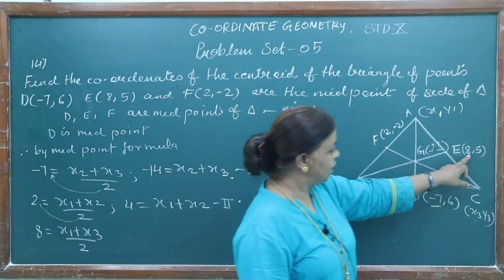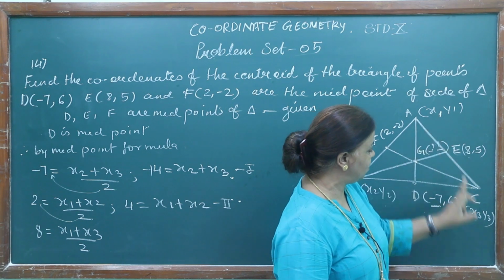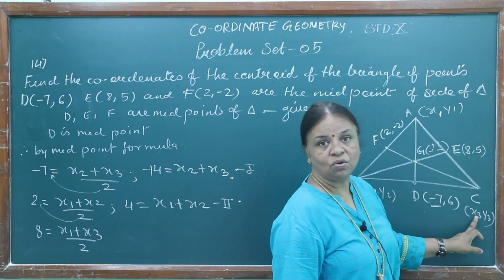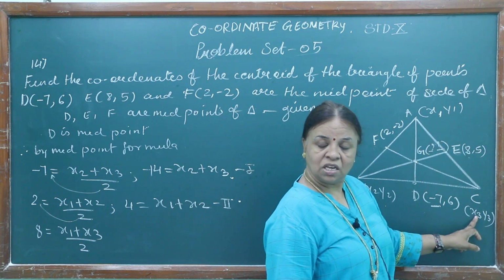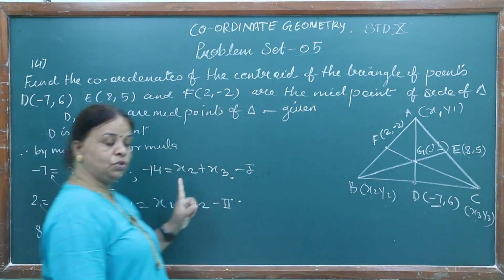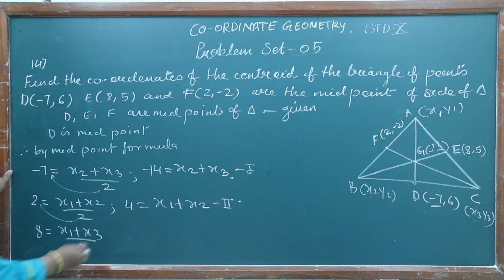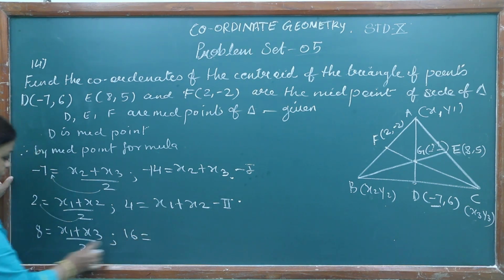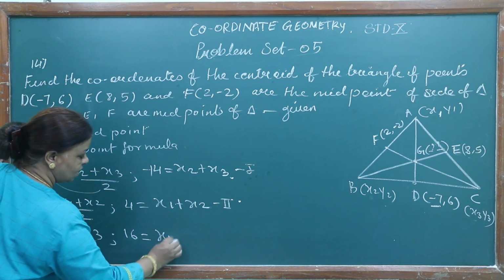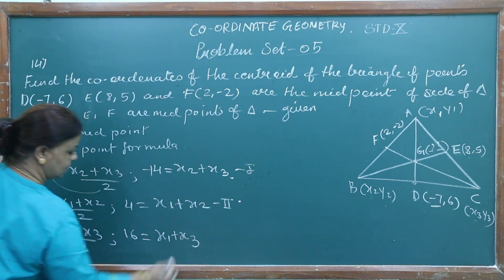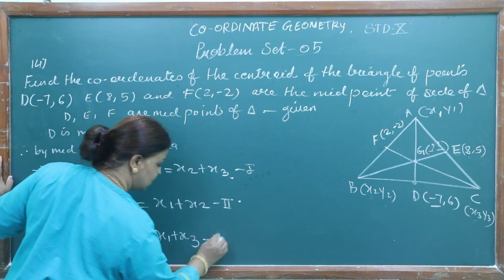See, x coordinate of E will be this coordinate plus this coordinate upon 2, which is the x coordinate of E. So 2 8s are 16 is equal to x1 plus x3. Now this is the third statement.